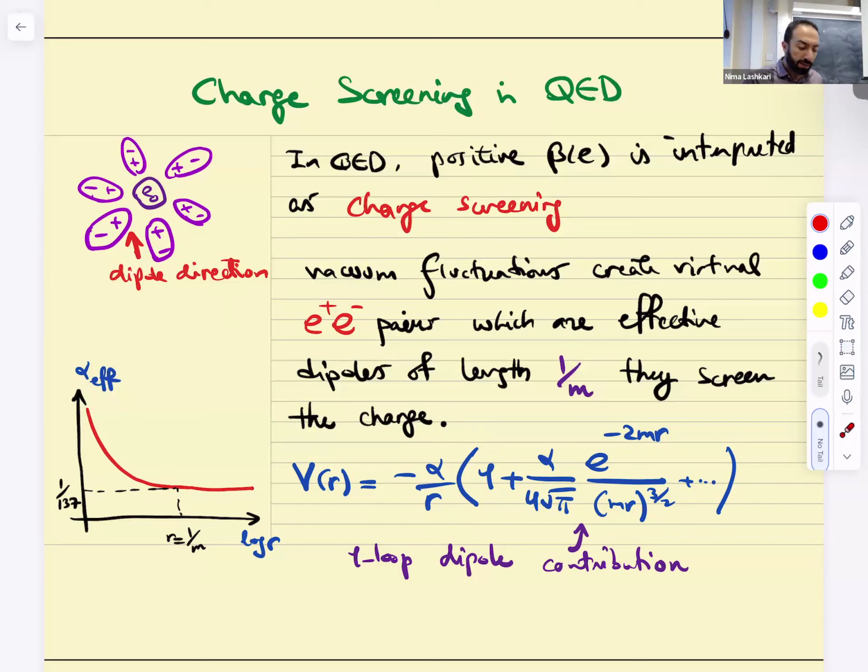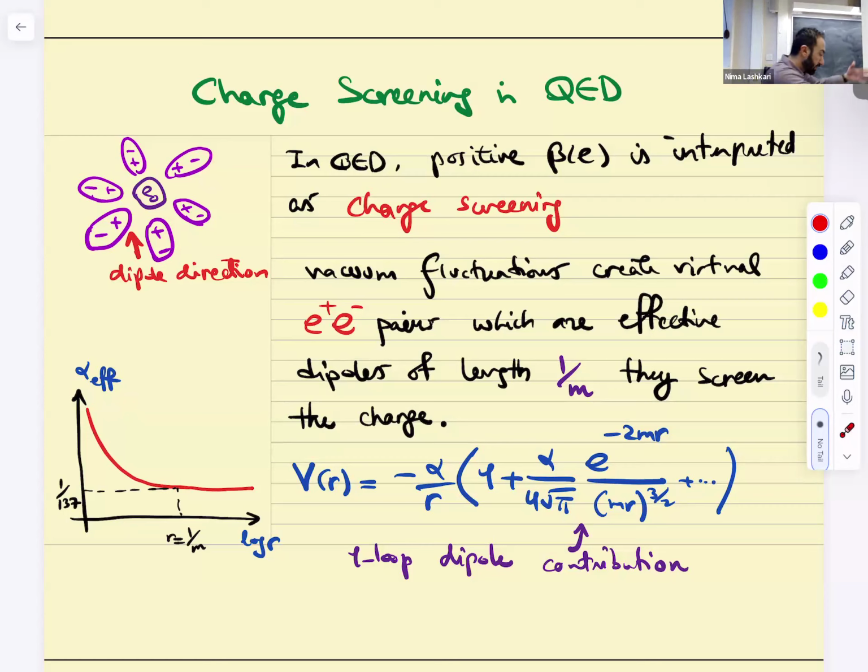Then quantum effects could be just qualitatively described in terms of fermion, anti-fermion, electron positron pair creation. And in this background field, they will form dipoles. So the vacuum of QED is like a dielectric material.